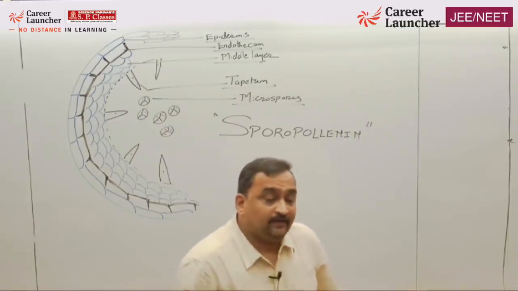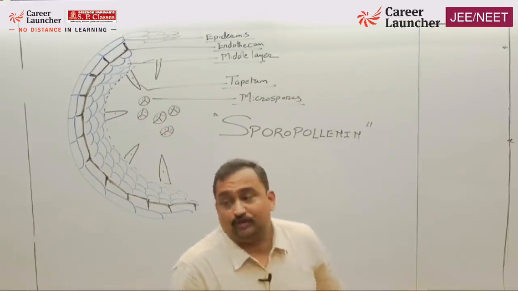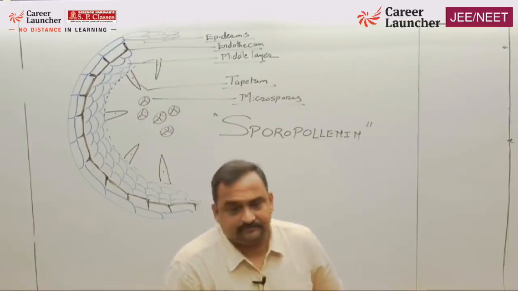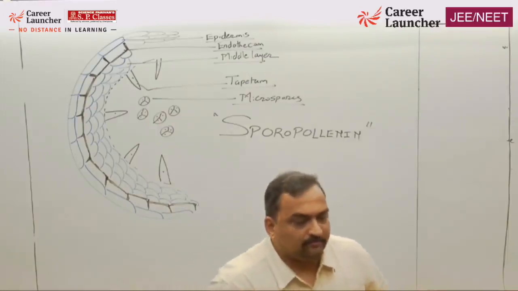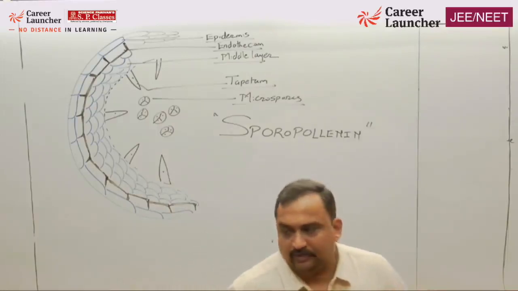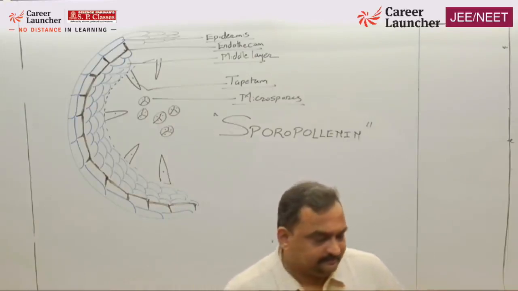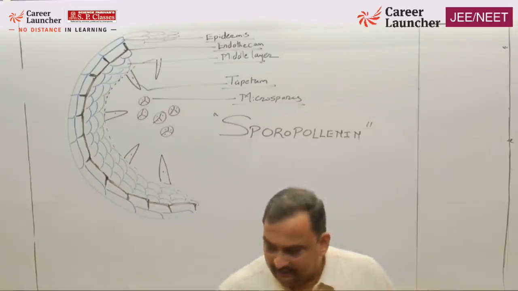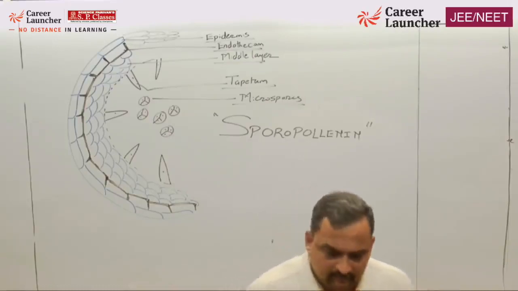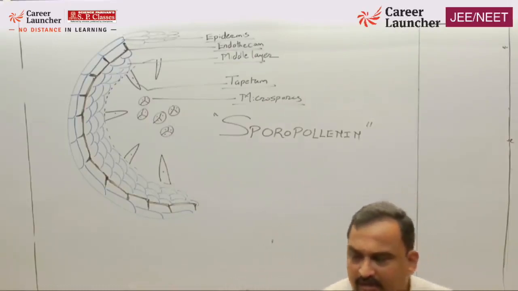It forms the exine of microspores or pollen grains. Understood? Perfectly?